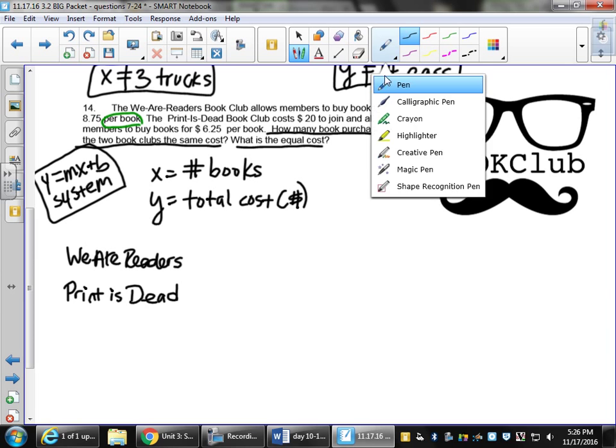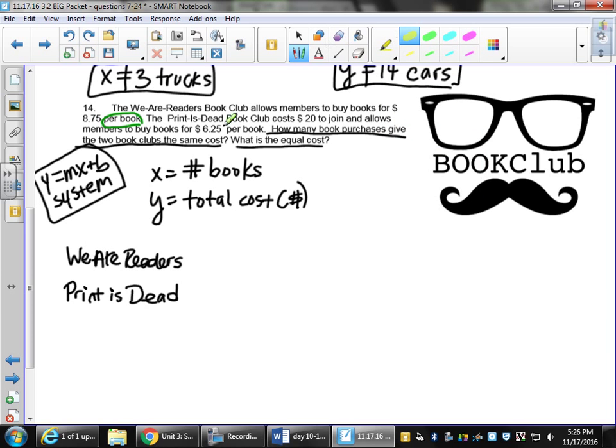So I will make one of these clubs yellow. The other eventually will be blue. We Are Readers Book Club allows members to buy books for $8.75 per book. I don't see any other information for this club, so that's all I've got. Let's work with it.